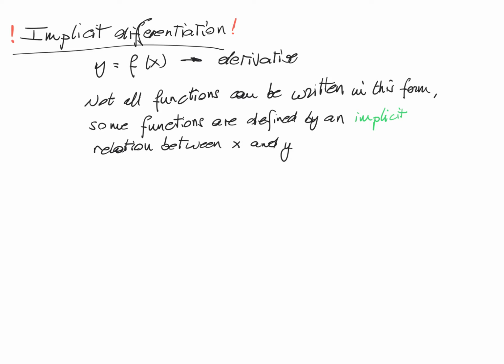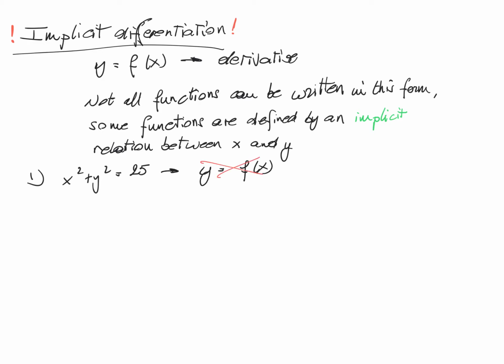So, for example, think of the function x squared plus y squared equal to 25. This is very simple: a circle with radius 5 and origin (0, 0). But we cannot convert this expression to an explicit expression. So we cannot write this as y equal to some function f of x such that it is the same as the circle.